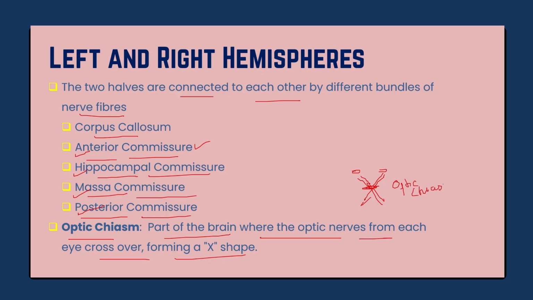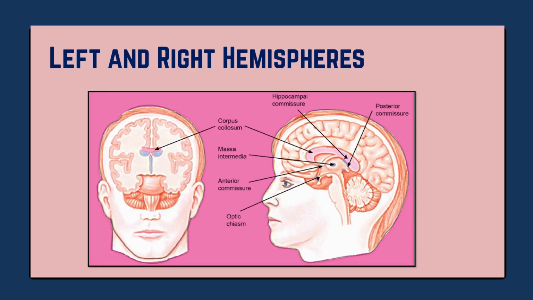Alright, so I'll show you these parts. See, look here. We have the corpus callosum here, which is the most prominent band which separates the left and right hemisphere. Then we have anterior commissure here. We have optic chiasm here just behind your eyes. Then we have the posterior commissure here.